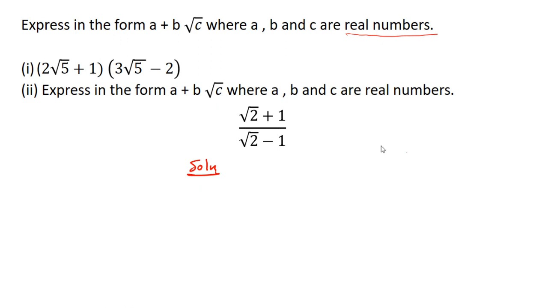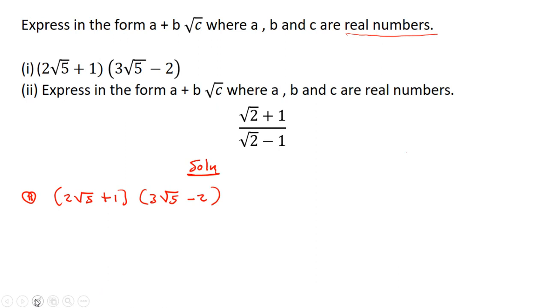So let me quickly work it out. If you look at this, these are radical numbers. I'll start with the first one, which is open bracket 2 square root 5 plus 1 close bracket, then you have 3 square root 5 minus 2.